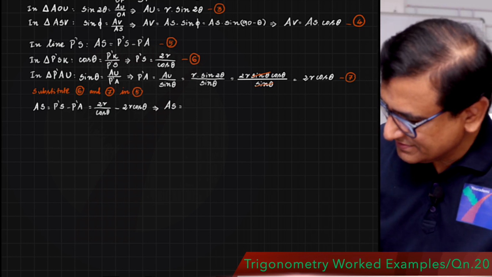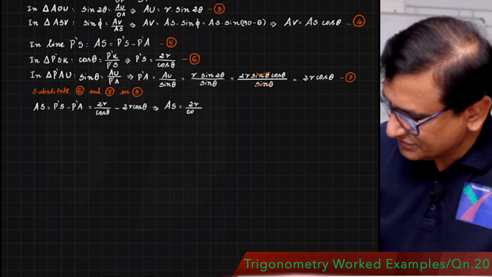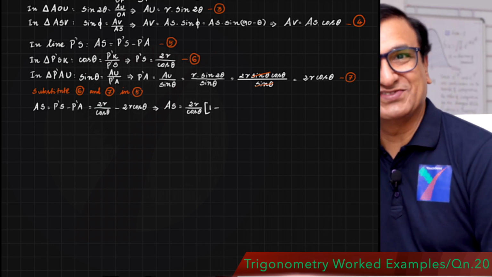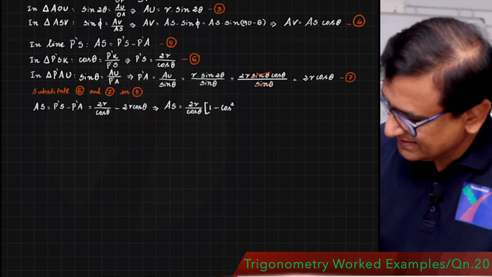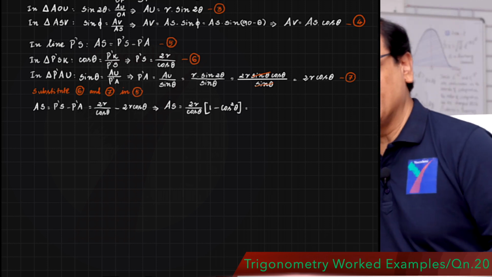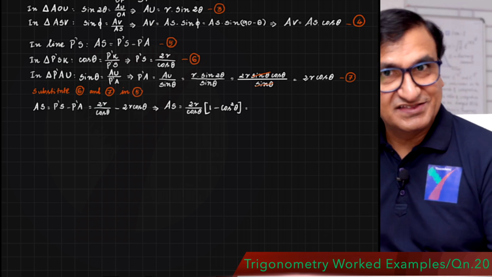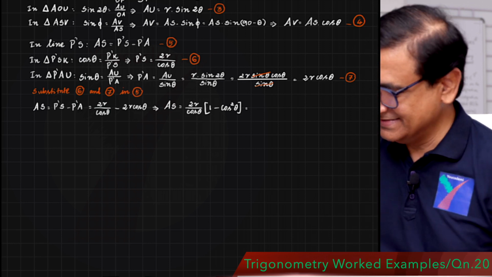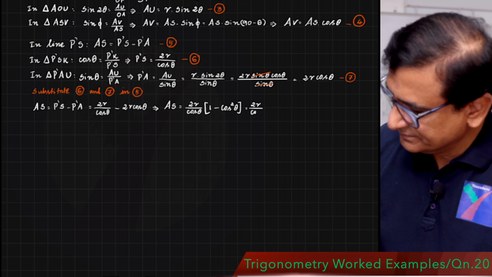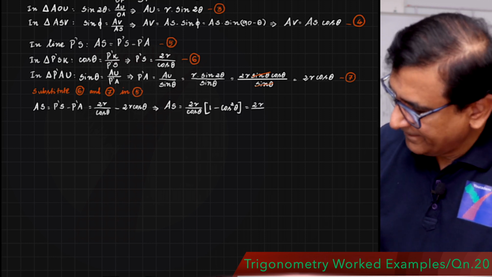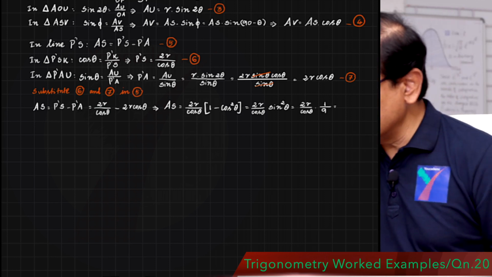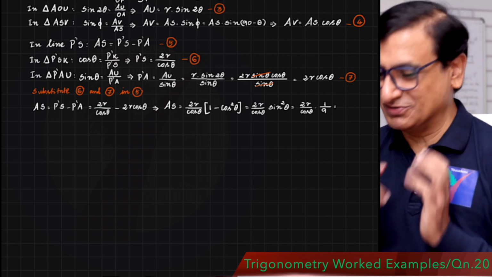So 2r divided by cos theta multiplied by 1 minus cos square theta. And 1 minus cos square theta is sine square theta. And sine theta is 1 divided by 3. Therefore, sine square theta will be 1 divided by 9. So, this is 2r divided by 9 cos theta.